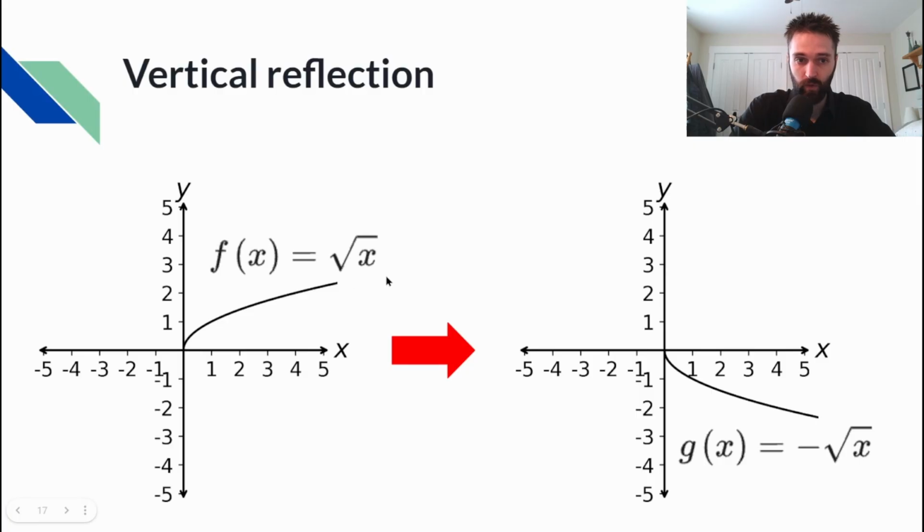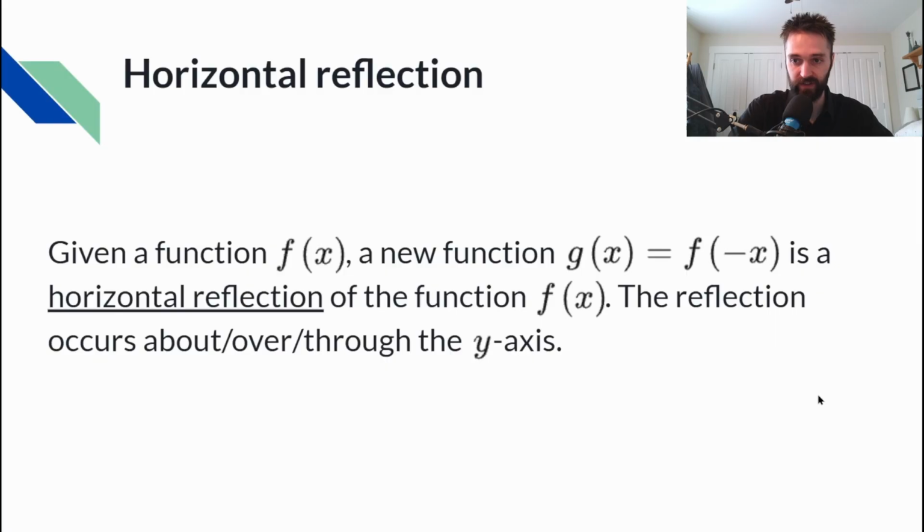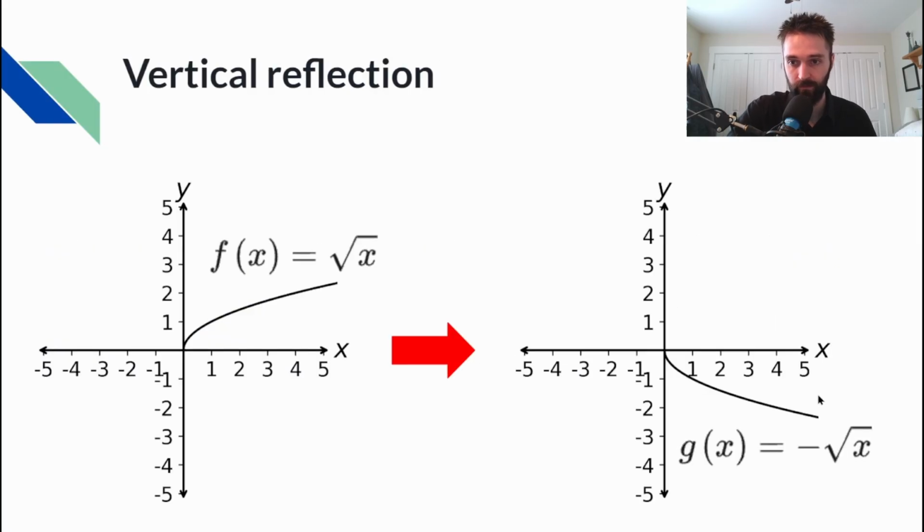So we're going to take this swoosh and reflect it through the x-axis. We can imagine that the x-axis is a mirror, and we get our new function that looks like this. So that's what a vertical reflection looks like.